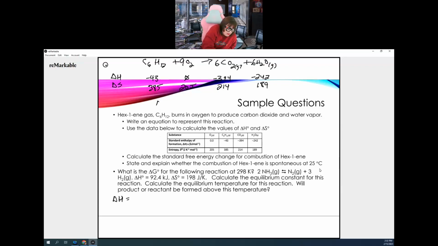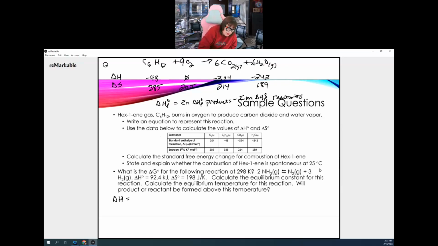So my delta H is equal to the sum of the stoichiometry times the delta H, not F, for my products minus the sum of the stoichiometry times the delta H, not F, for the reactants. And of course, delta S is exactly the same. Delta G would be the same.